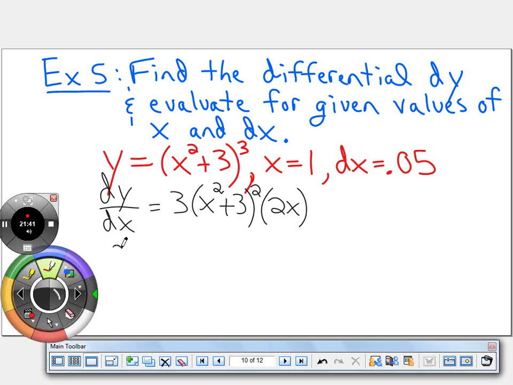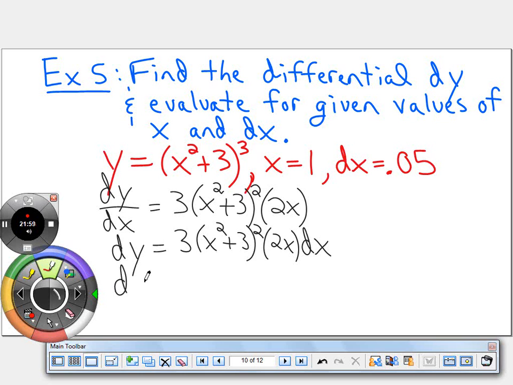And then we're going to isolate the differential dy. So we have, well, same thing, and that would be squared, and then times 2x, and then we would multiply by the dx, so we have dx there. And really we're ready to just plug in all the numbers.